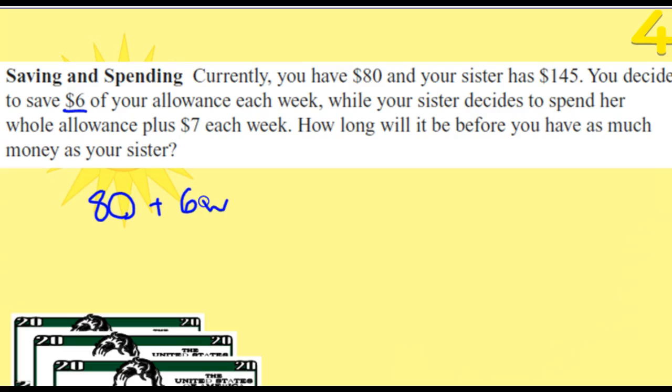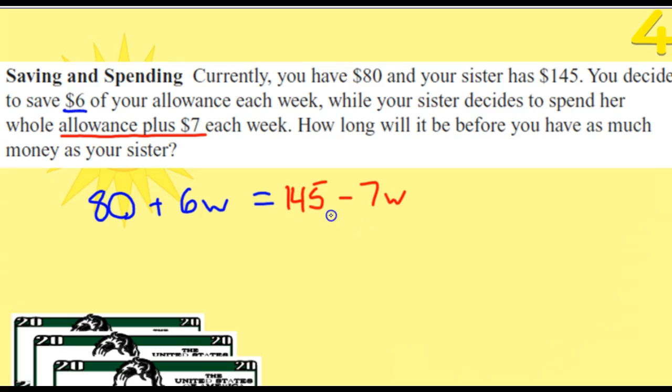Each week we're going to put a W there, so every time a week goes up, your money saved goes up. For your sister, she has $145, but she decides to spend $7 every week. So she's spending her whole allowance plus $7 each week.